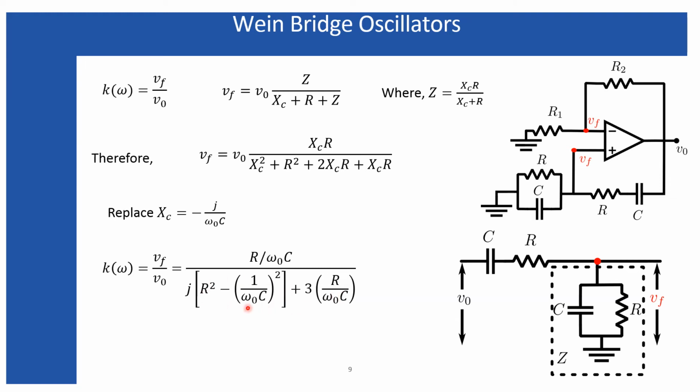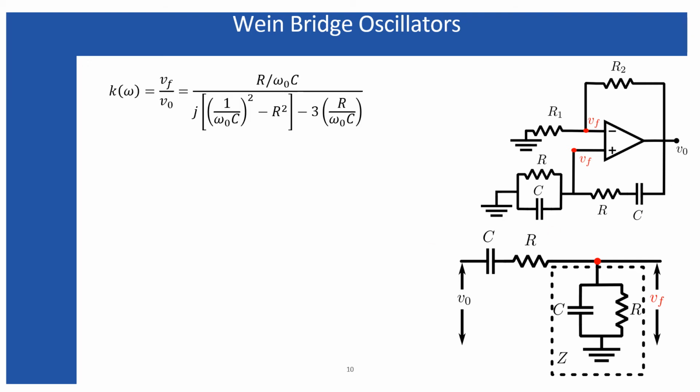So here also I am going to perform the same step. This is the expression I have obtained, and I made this imaginary part equal to 0, and by making this imaginary part equal to 0, I am obtaining the frequency of oscillation, which is equal to 1 over RC.